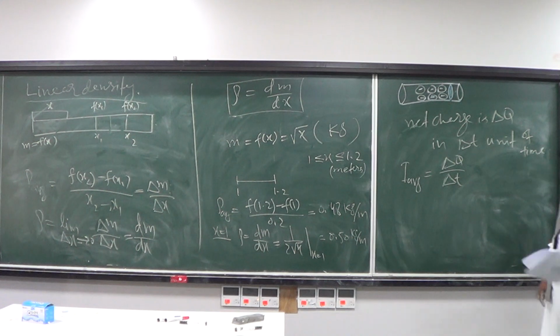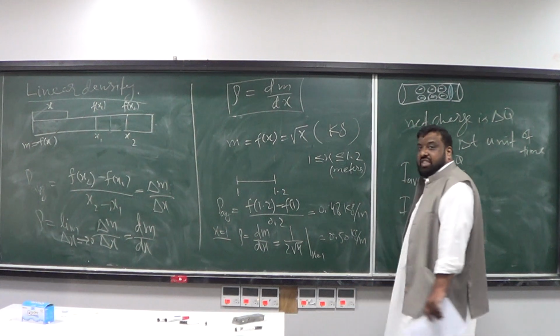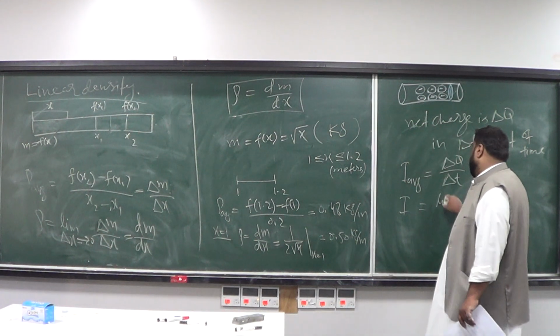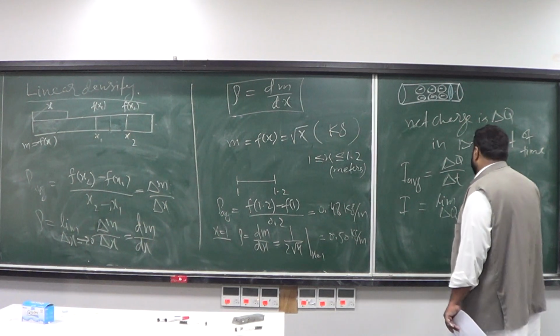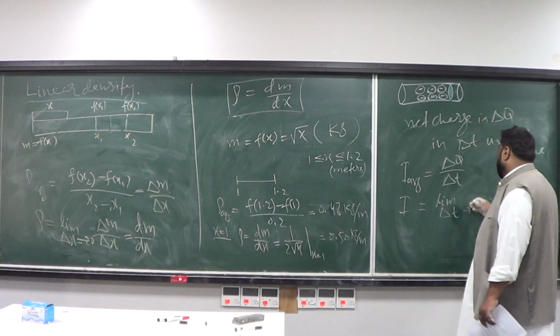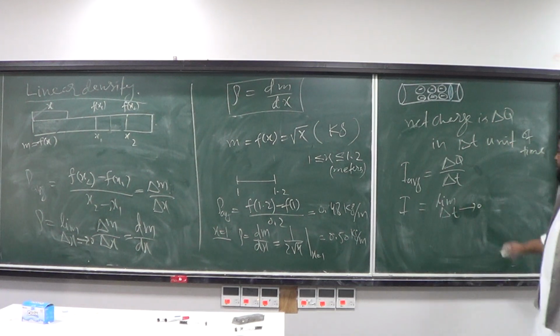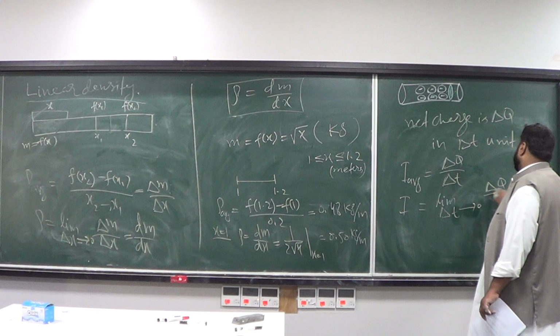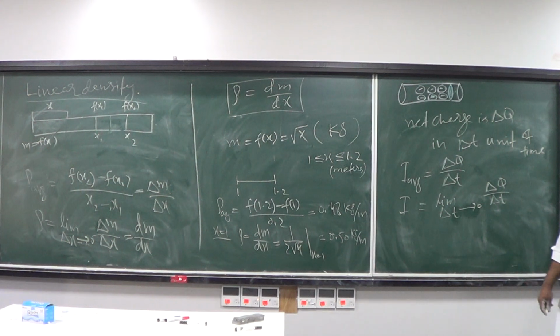And what would be the instantaneous current then? The instantaneous current is the limit as delta Q goes to 0 and delta T goes to 0. So in a really tiny amount of time, the amount of charge that passes through this surface is the rate at which the charges are passing through.